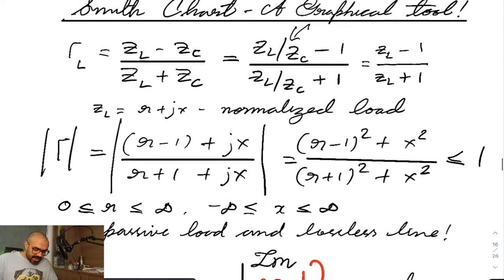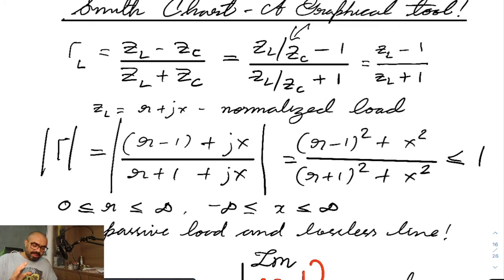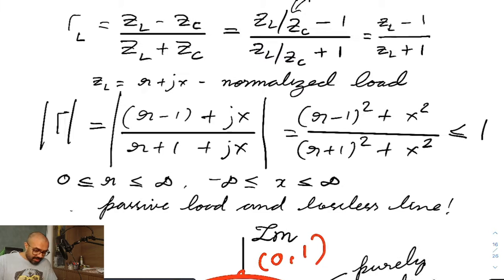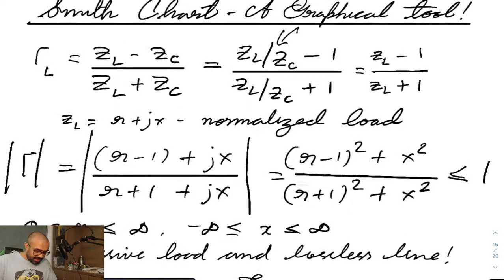So the starting point for understanding the Smith chart is to realize that the reflection coefficient at any point and the corresponding load or input impedance at that point have a relationship which is given by this.